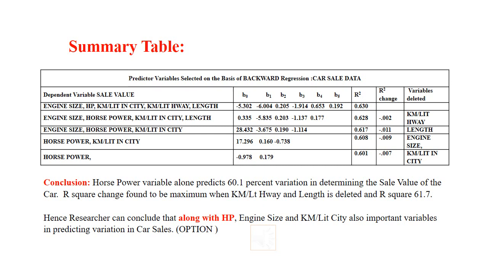Hence, the researcher can conclude that, along with horsepower, engine size and kilometer in city, the remaining variables, are important in predicting the variations in car sale value. But this conclusion is an option for the researcher to include. As for the backward procedure, horsepower shows 60.1% variation in determining the car sale value, which is significant.